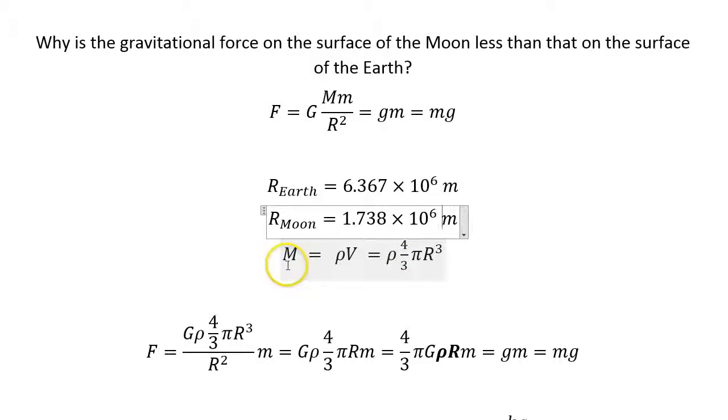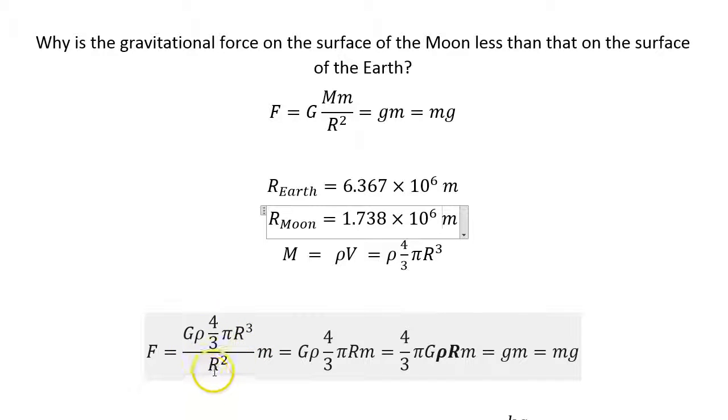So if we substitute for mass, rho, the density, times 4/3 pi r cubed into this formula, we get the force is equal to G times the mass of the Earth or moon, rho, 4/3 pi r cubed, divided by r squared, times the mass of whatever object is on the surface.